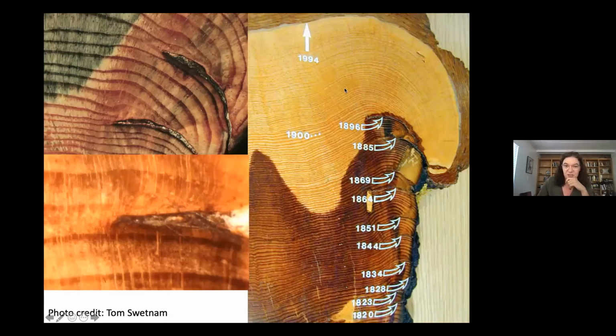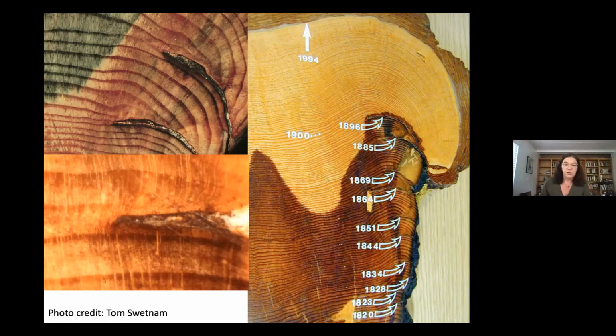You can see the tree rings, you can date what year each ring corresponds to, and then you can date what year each of these fire scars corresponds to. Sometimes you can even date the fire scars to the season. So for instance, here you see this scar was left in the middle of the tree ring in the early wood still. So that means it was a spring fire rather than this fire, which happened in the late wood, which would have been a fall fire.